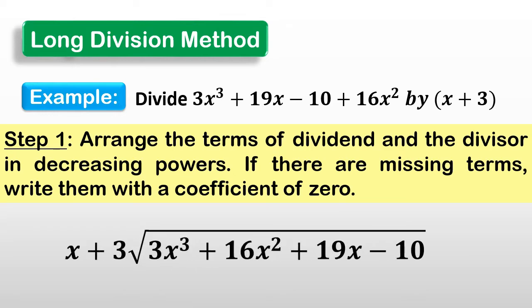So it will become x plus 3, which is the divisor, and the dividend is 3x cubed plus 16x squared plus 19x minus 10. So yan yung magiging itsura ng ating dividend and divisor. Sa ating divisor, ang mauuna ay ang variable. Next is the constant.